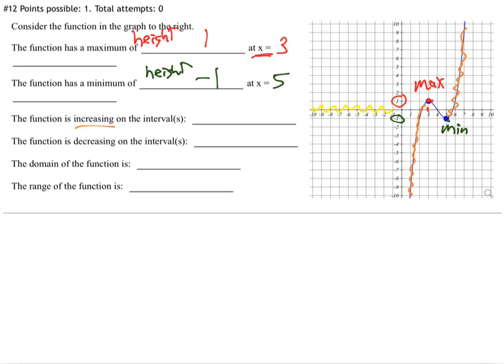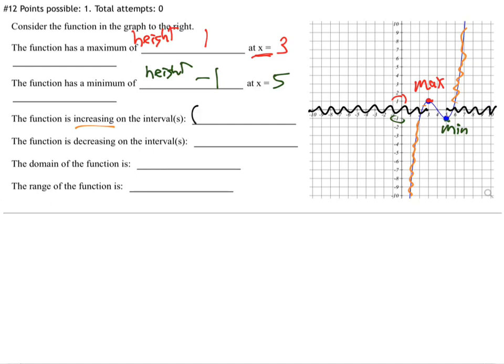So we're saying this part of the x-axis up to there, and then this part of the x-axis to there. Those sections of the x-axis, let me erase that, are the increasing sections, right? All of this up to here, and from here to there.